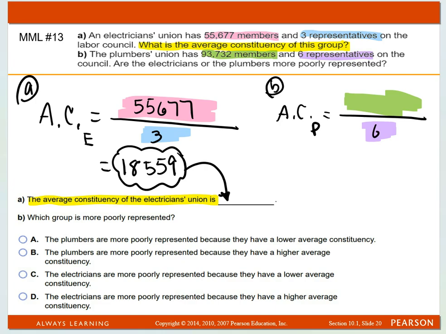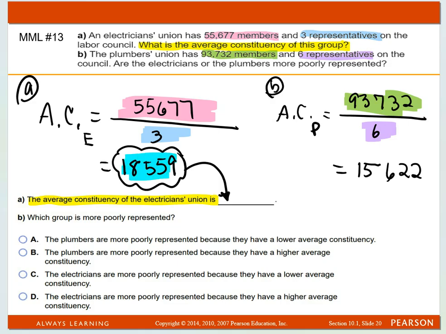So 6 in the bottom and 93,732. And so when I divide there, I get 15,622.